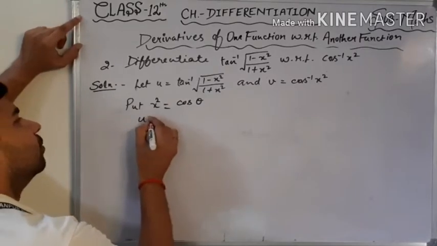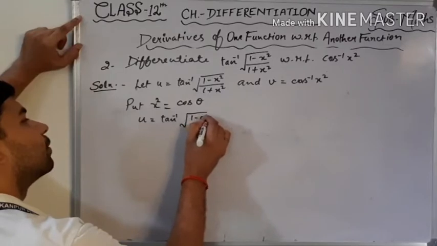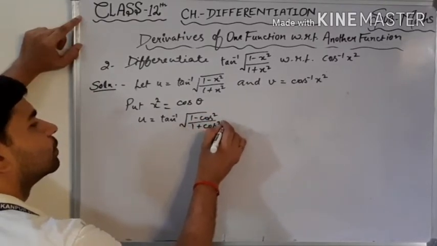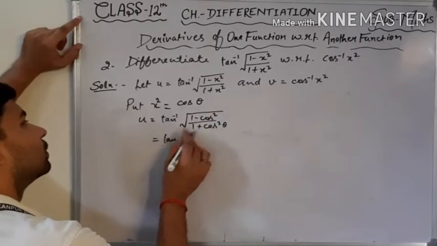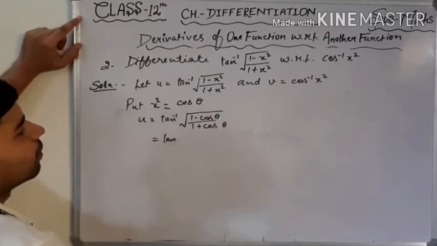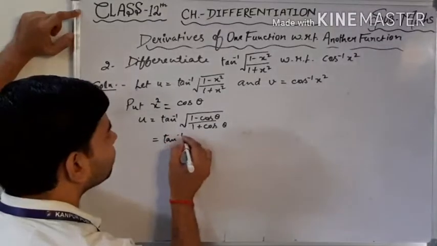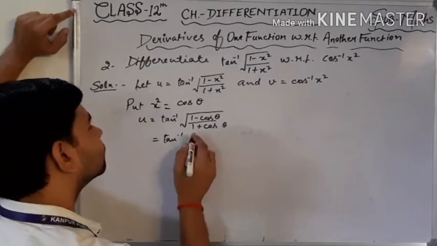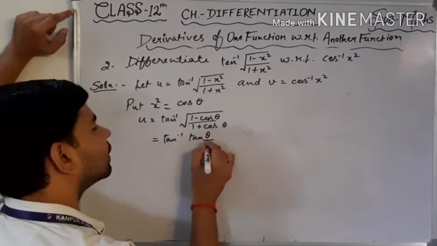Then we get u equal tan inverse under root 1 minus cos theta upon 1 plus cos theta, which equals tan inverse tan theta by 2.